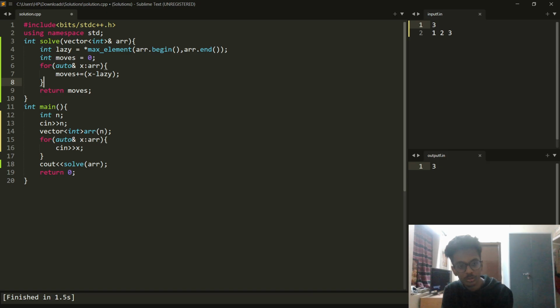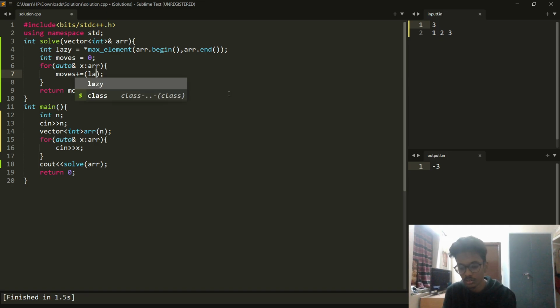So in this case also it should print 3 only. This time it should be lazy minus x, absolute forever, because yeah, it should print 3.